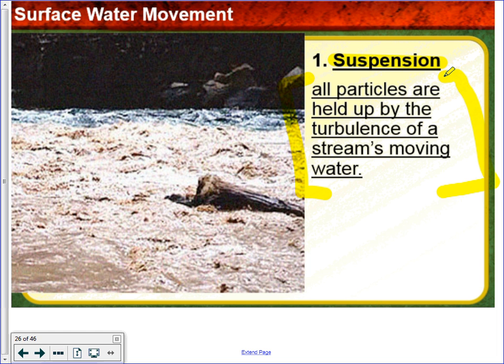In other words, any rock or log or piece of sediment that is being moved by the water is called the suspension load of that river. That's what goes in your description box in the middle of page 5.